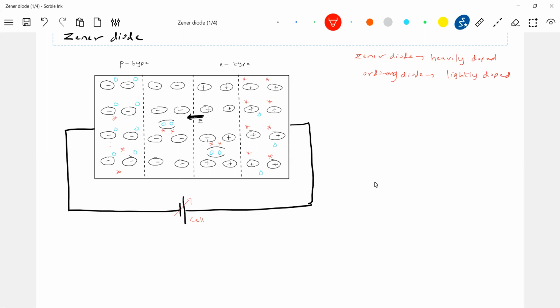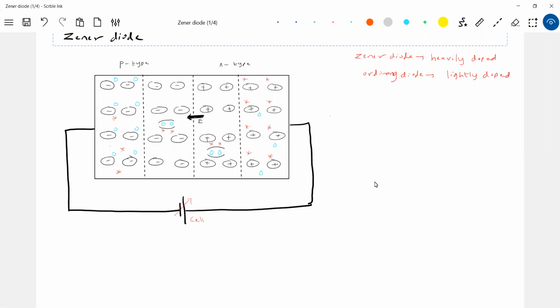If you operate an ordinary diode at the breakdown region, it will burn out. Whereas the Zener diode is specially designed such that it operates at breakdown and will not burn out. For that, I'll take care about the material. Got this? Okay, now the reverse bias characteristic.